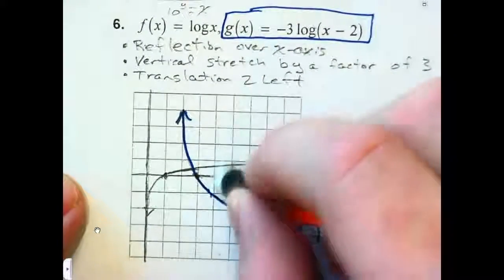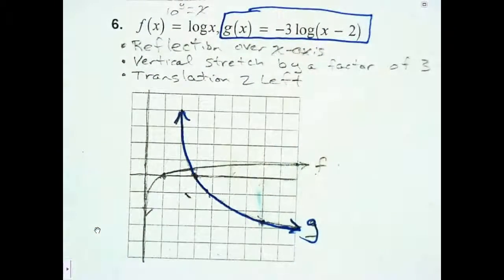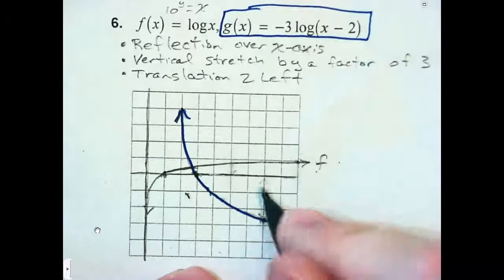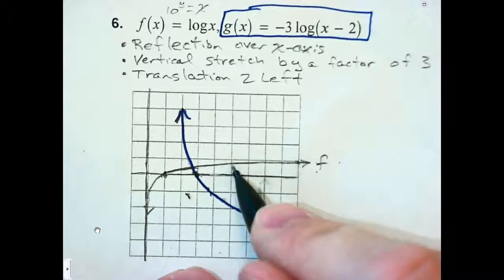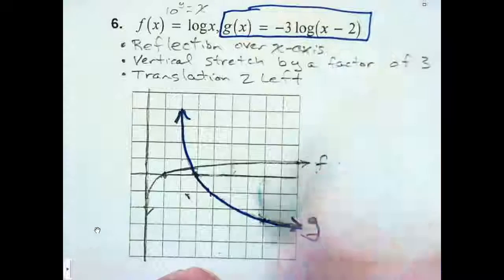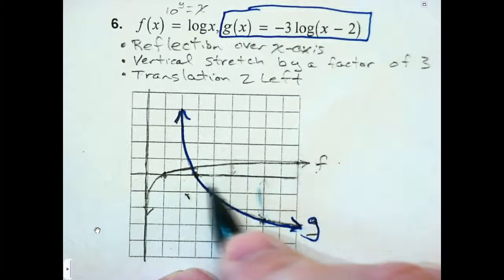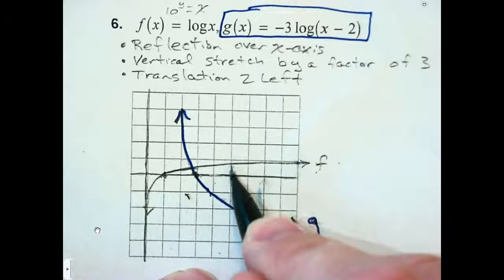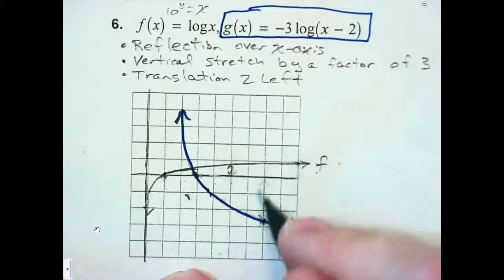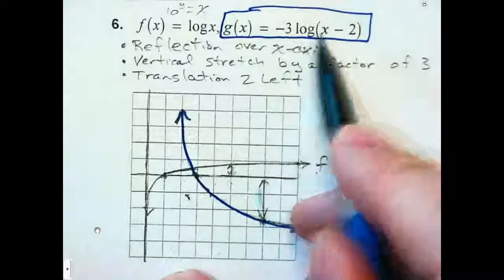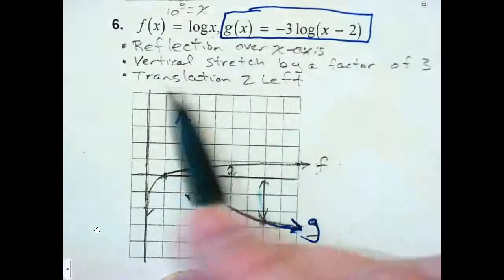Any questions on those? Yeah, Derek. Yeah, it would be. Like if you wanted to actually see if you did this right, you could always do a table of values and just plug in values. You could say, all right, when x is 1, 2, 3, 4, 5, and you plug it in, and then when x is 7, and you plug it into this one, so you got to plug it into the correct equation or function.